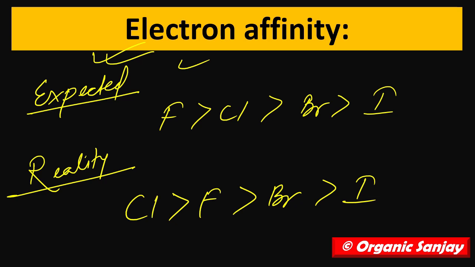Since fluorine is very small in size, there will be electron-electron repulsion. Because of this repulsive force, the electron affinity will be lower for fluorine than for chlorine. So I hope you understand.